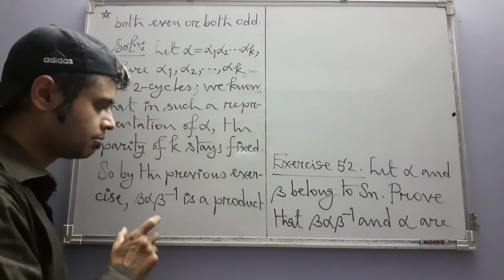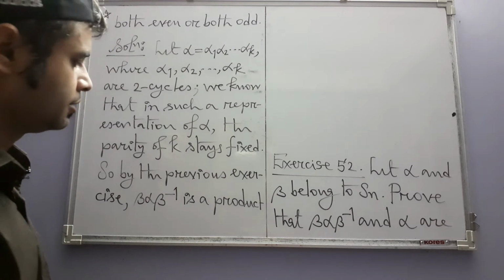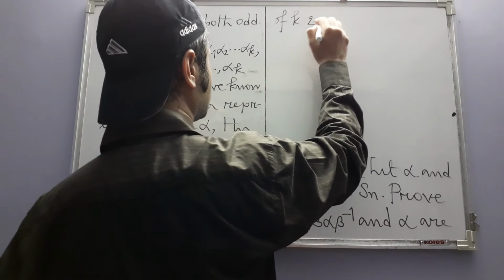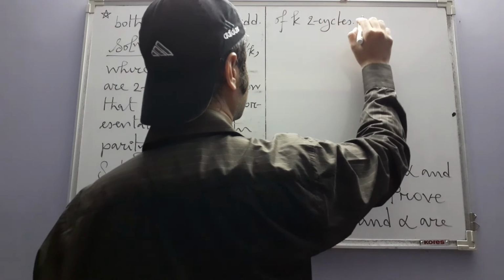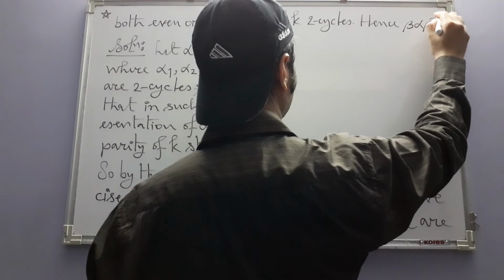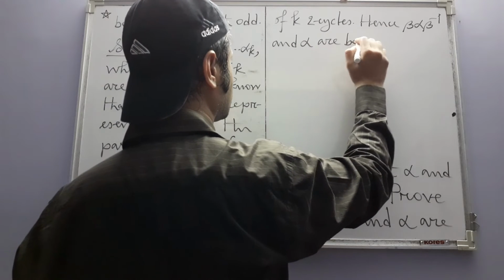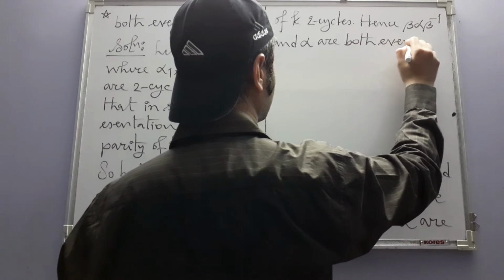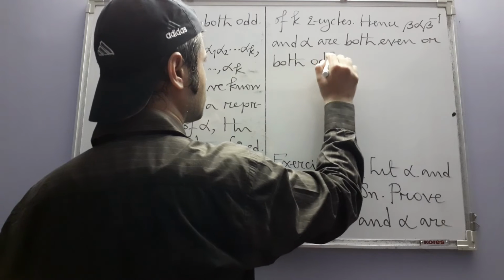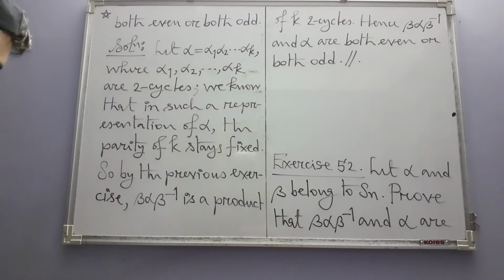So either both of them are even when k is even, or both of them are odd when k is odd. Hence, so that's just the solution.